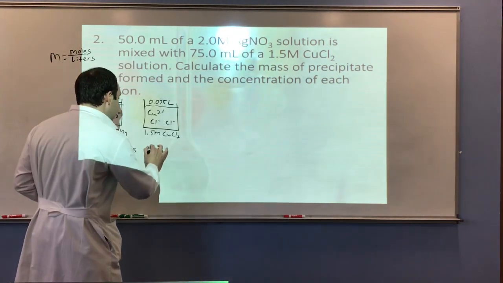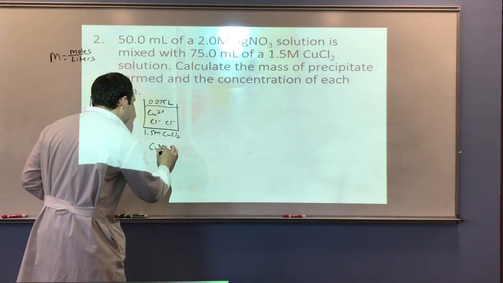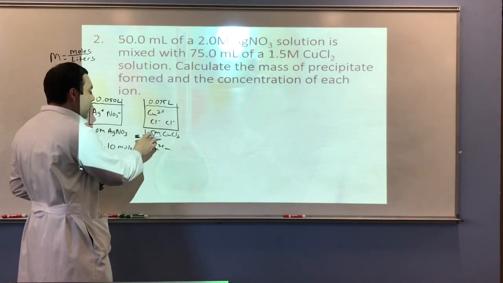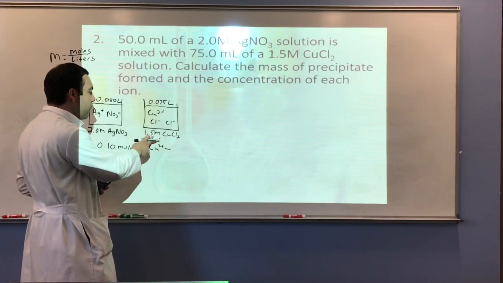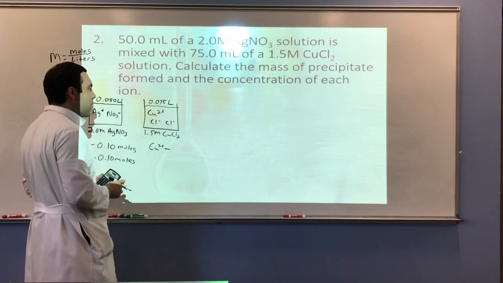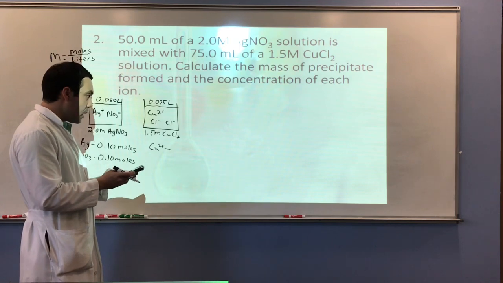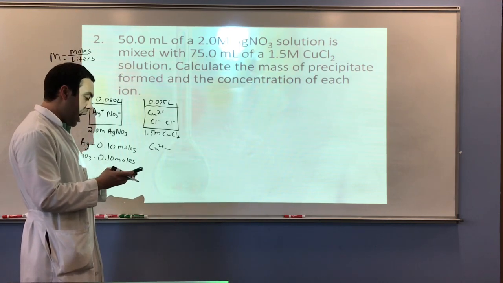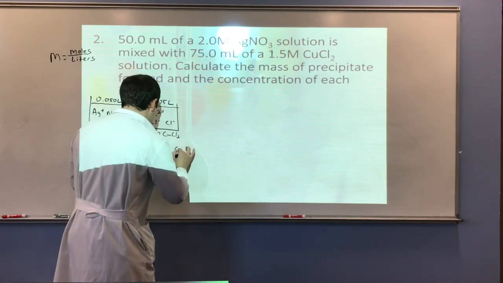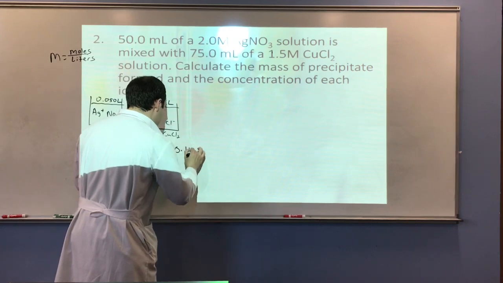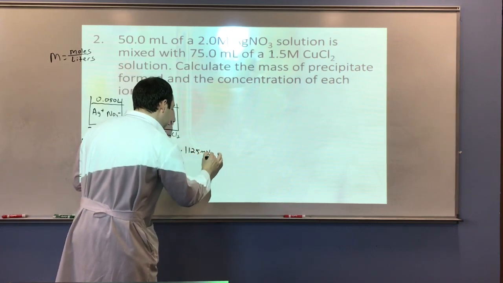We take the copper, Cu2 plus, we multiply the concentration, the molarity, 1.5 molar, times the number of liters, 0.075 liters. So 1.5 times 0.075 is going to give us 0.1125 moles.